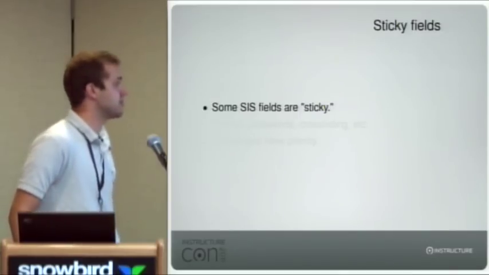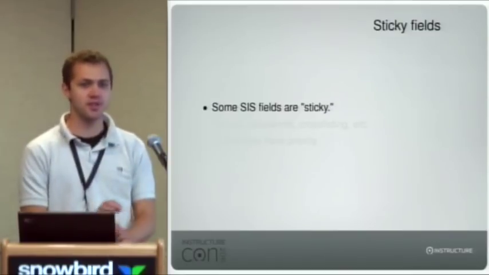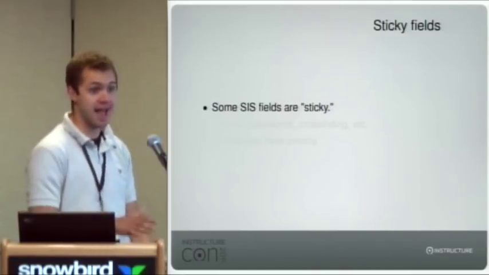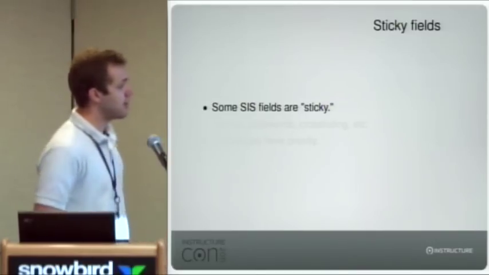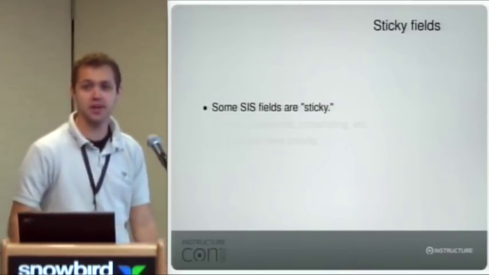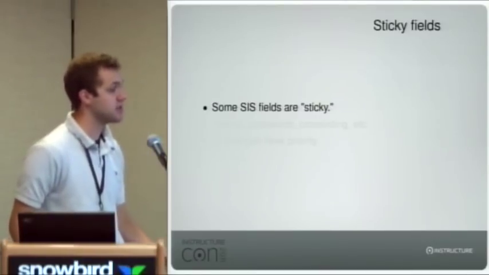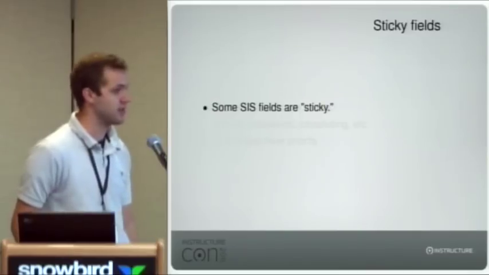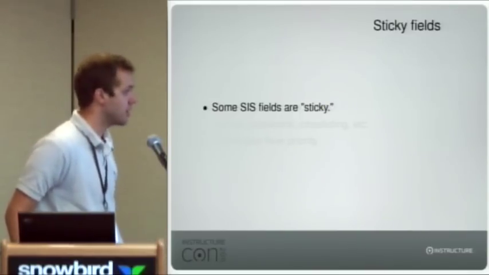Some student information system fields are sticky, so if a user changes them in the user interface, we don't want the student information system to change them back. If the user changes their password or their display name, or if an administrator does a cross-listing, we want to make sure that that user interface change is maintained, as opposed to the next real-time event coming in and blowing away the user's changes.